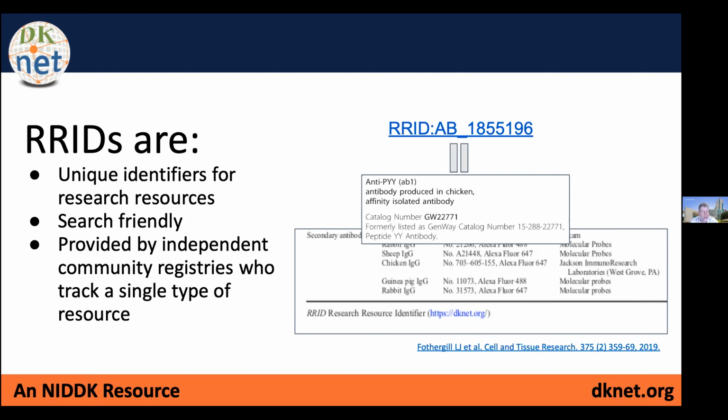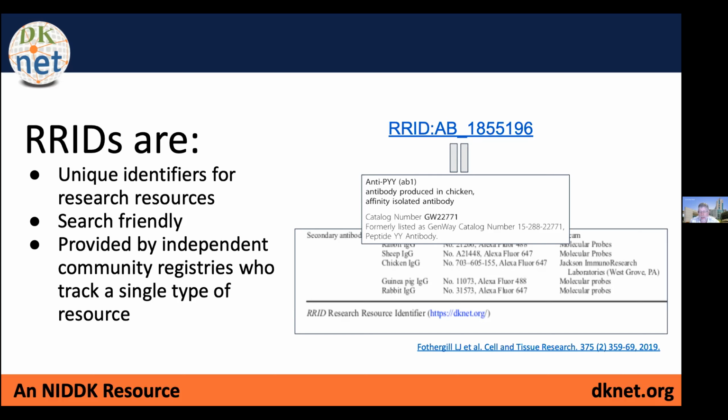So for each resource type, for example, antibody or cell line, or plasmids, there is a separate community authority that is developing the RRIDs for this. When we deal with model organisms, it looks at the model organism databases that support that specific organism.